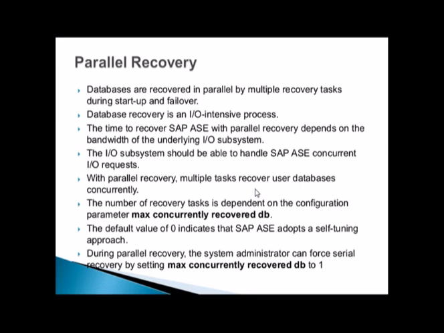During parallel recovery, the system administrator can force serial recovery by setting max concurrently recovered DB to 1. By default it is 0. It will take a self-tuning approach based on the operating system and the resources available. However, you can make it sequential rather than parallel if you change this parameter to 1.